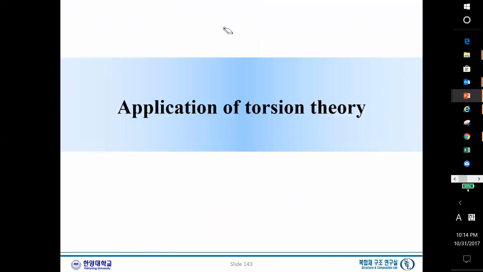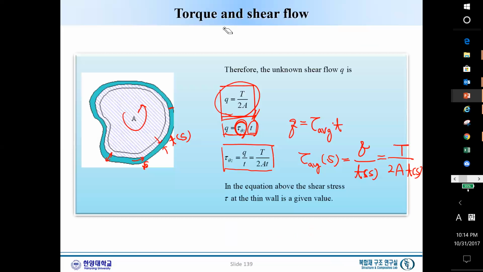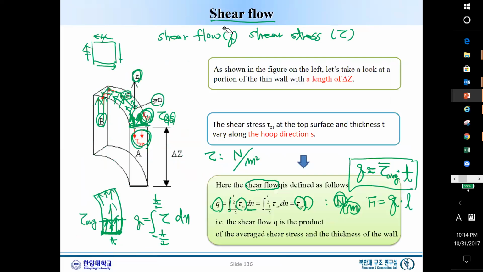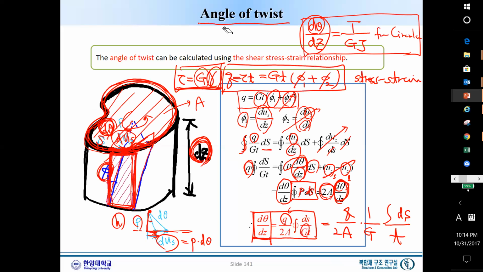So that is basically all the theory we need to derive in these chapters, and we need to understand the derivation procedures. Derivation is simply equilibrium. I don't like this slide; I got a new one which looks simpler.